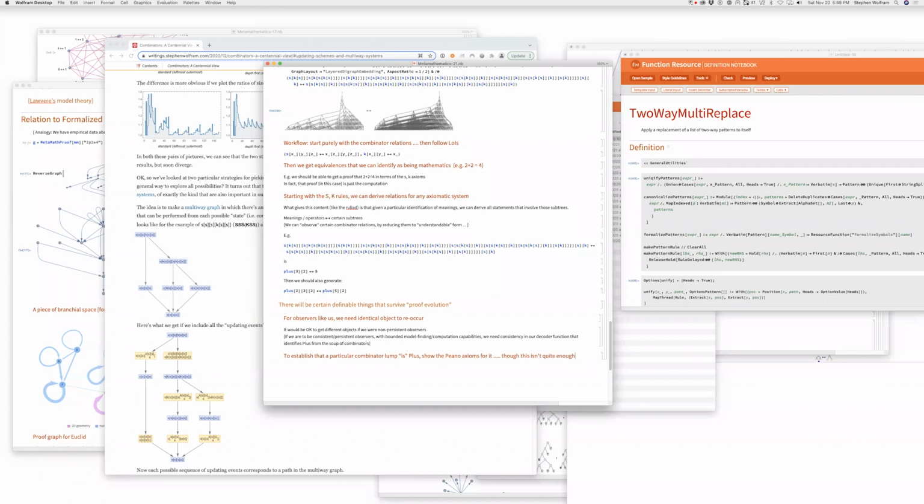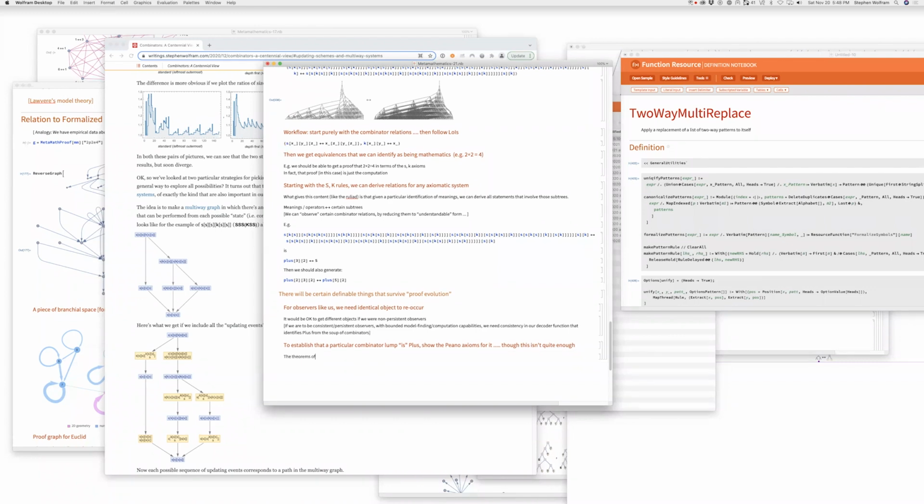Yeah, you can add a large cardinal axiom, for example. One of the things that will emerge is all the different forms of non-standard arithmetic, the theorems of all possible non-standard arithmetics will also show up in the combinator soup.